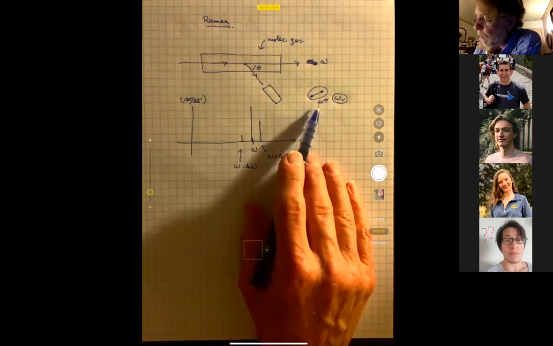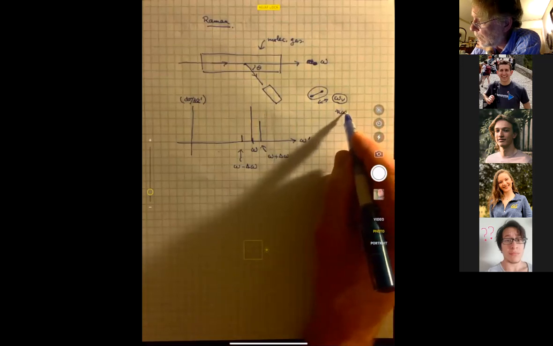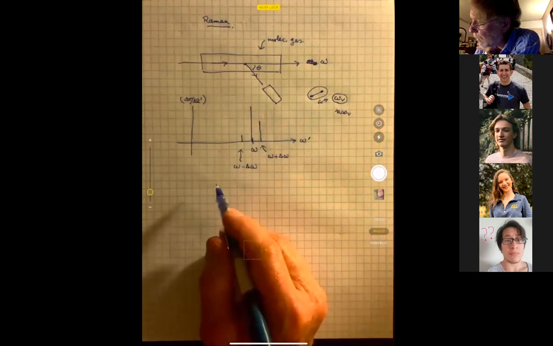So there are different vibrational quantum numbers of the molecule, and it's possible for the molecule to undergo an inelastic collision in which, let's say, it absorbs energy from the incident photon. If it does, it raises it to the next vibrational state, and so it absorbs energy h bar omega v, and therefore the scattered photon has an energy which is less than that.